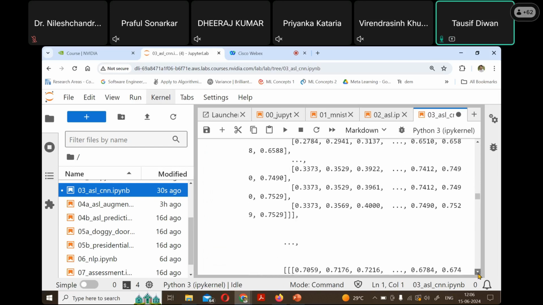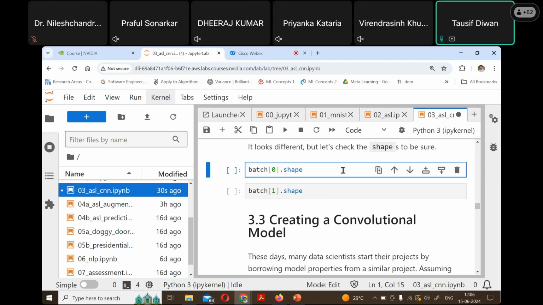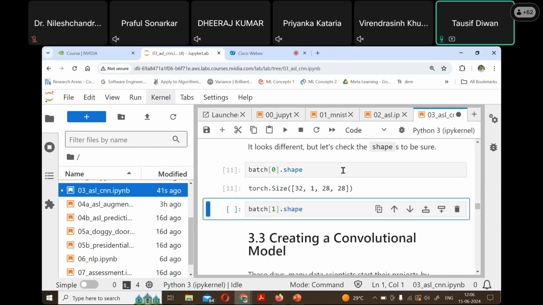No issue. Now see, batch of 0 means images and batch of 1 means corresponding labels. So what is the batch size? 32. And what is the shape of one image? 1, 28, 28. Why one? Because single channel is there in the image. 28 is the width, 28 is the height.